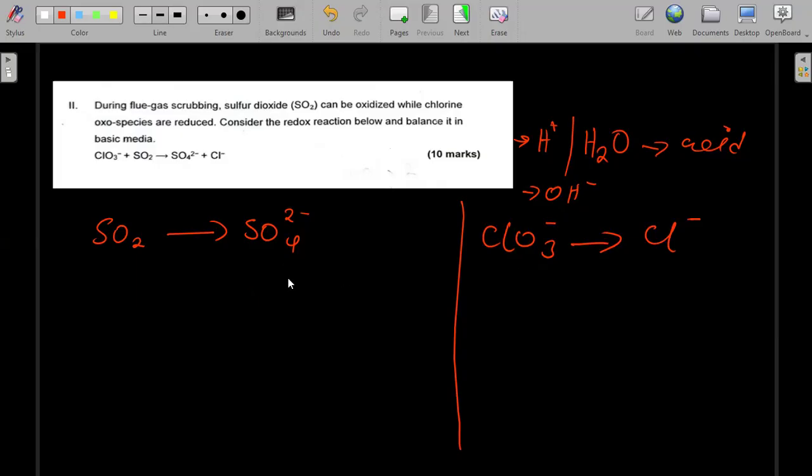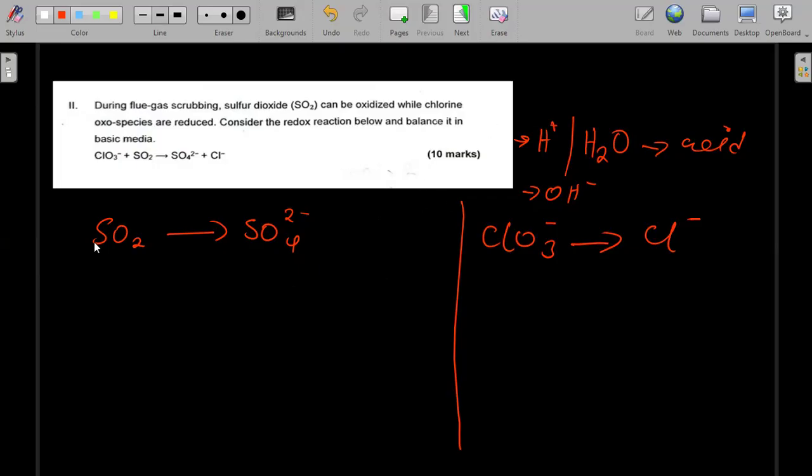Once you come up with the two half reactions, the next step is to balance any other atoms apart from oxygen and hydrogen. If you're having oxygen and hydrogen atoms, you ignore them at first. You balance any other atoms apart from the oxygen and hydrogen atoms.